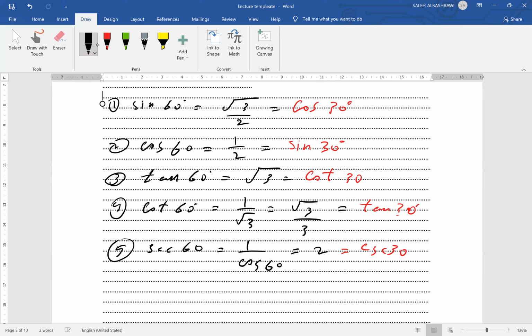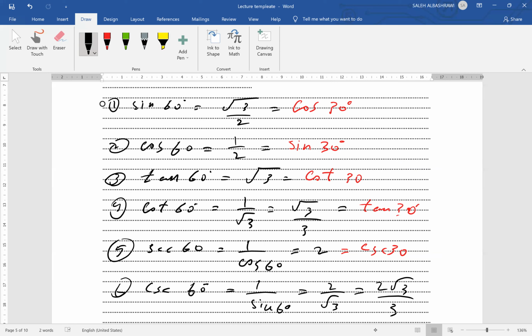And number 6, cosecant of 60, which is equal to 1 over sine. That will be 2 over square root of 3, or 2 square root of 3 divided by 3 by rationalizing. And this is equal to the secant of 30.